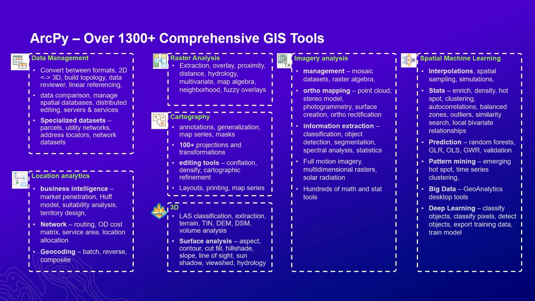With raster analysis, you can do many kinds of functionality like extraction, overlay, proximity analysis, hydrologic analysis, Map Algebra to do different kinds of operations, and fuzzy overlays. So the type of operations you can do using raster analysis is a huge collection. In image analysis, you can do orthomapping, information extraction like classification, and full motion imagery work. For both sides, you can do a lot of raster data management.